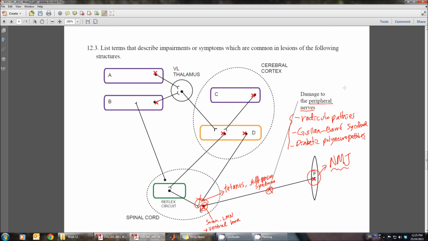And we can also write somewhere here about damage to the myelinated axons in the CNS, and that's multiple sclerosis.